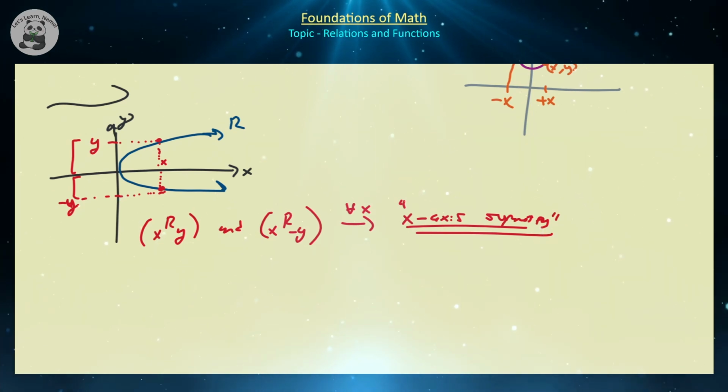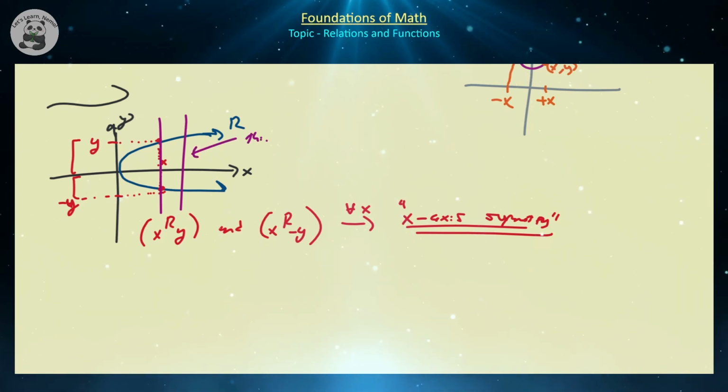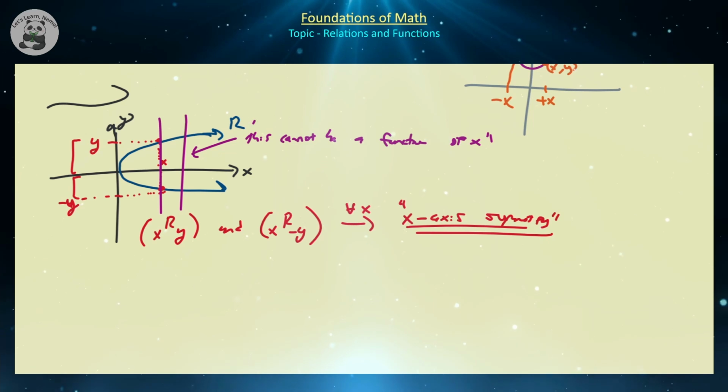But notice if a curve does have x-axis symmetry, and it's a non-trivial x-axis symmetry relation, then if you were to draw a vertical line, notice that x, y and x, minus y usually are two different points, provided that y is not equal to 0. Then in that particular case, this cannot be a function of x if it has two non-zero y values associated to the same value of x.